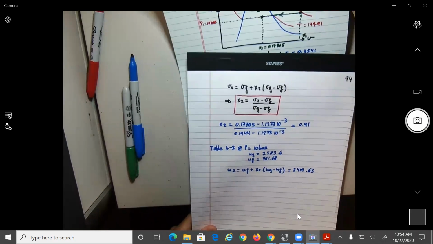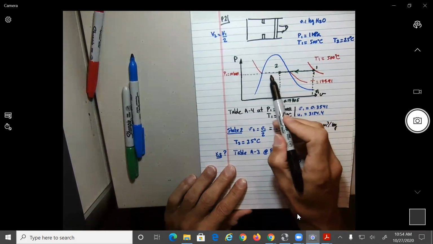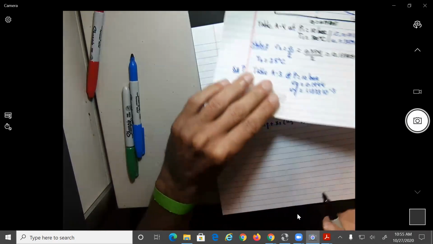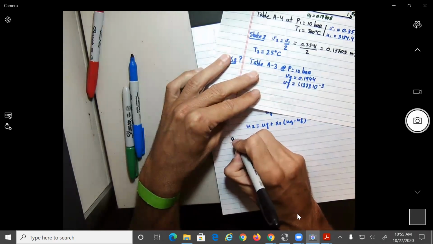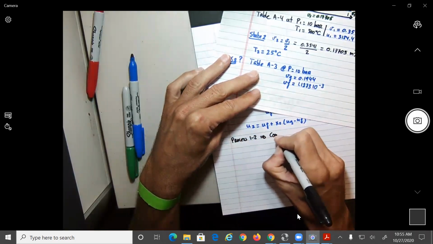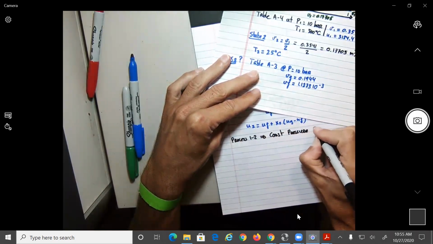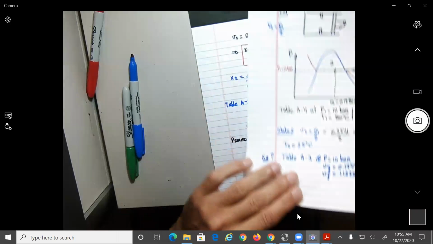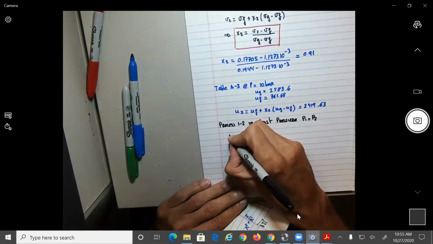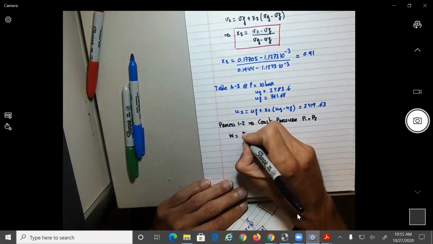Let's do it now. So we know that process 1,2 from the figure is a constant pressure process, no? Yeah? So process 1,2 is constant pressure, so that P1 equals P2. So in that case, what was the definition? The work is equal to what?